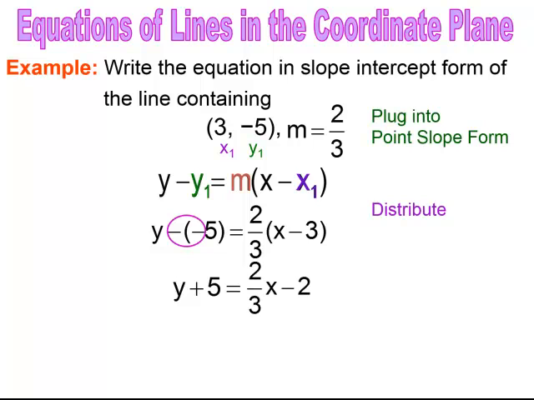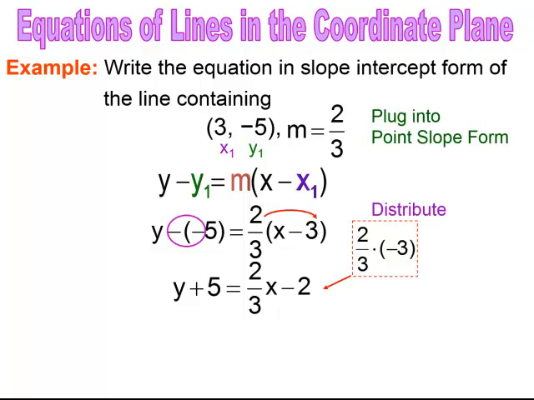So when I distribute that 2/3 to x, I'm going to end up with 2/3 x. But be careful, when you distribute that 2/3 to that -3, it's a fraction times a whole number. So 2/3 times a -3, you could put that -3 over 1, simplify and multiply across.